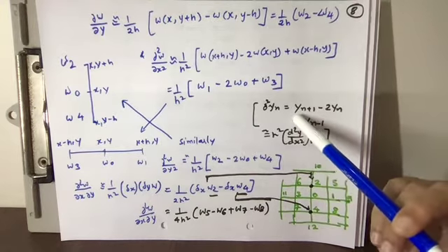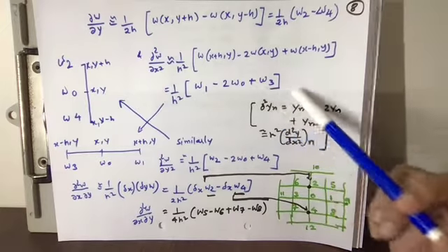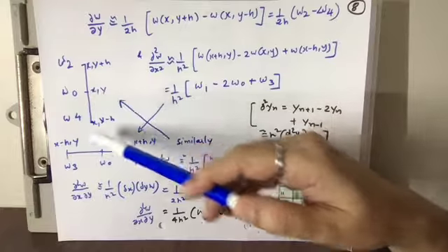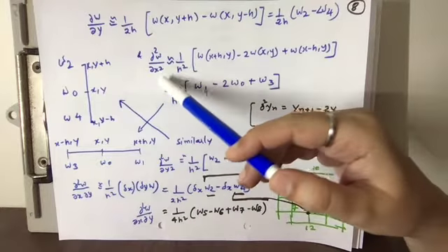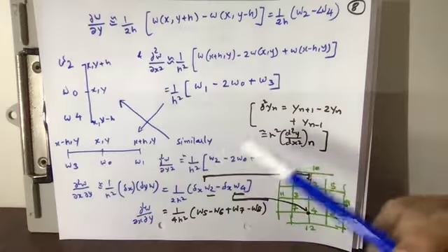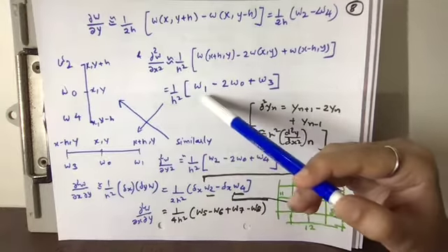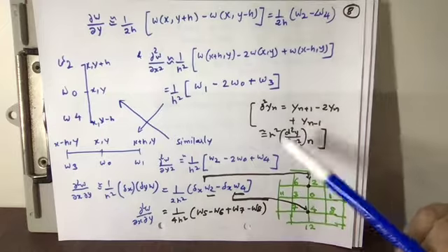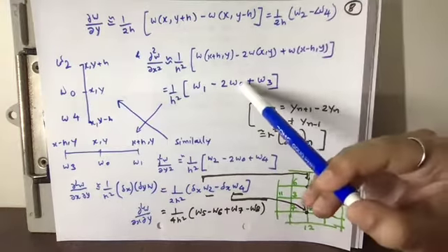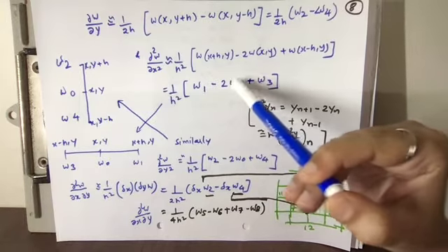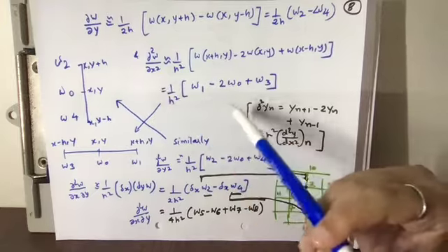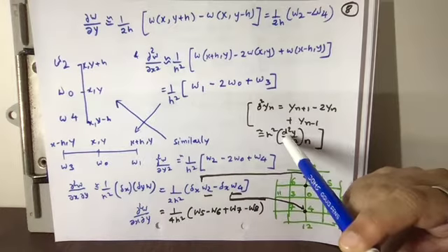So we are going to use this formula, where yn is w0 here, and we are going to write in the x direction. w0 is here, w1 is here, so this is w1, this is w3, and this is w0. So it is very easy to write this second order also using this formula.